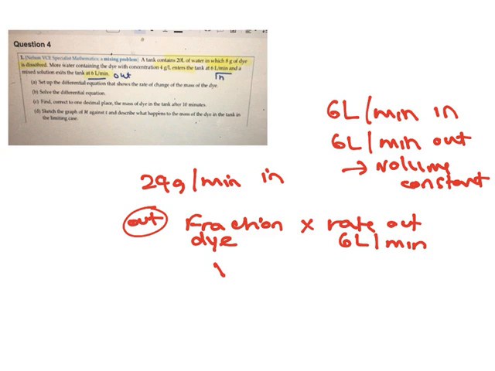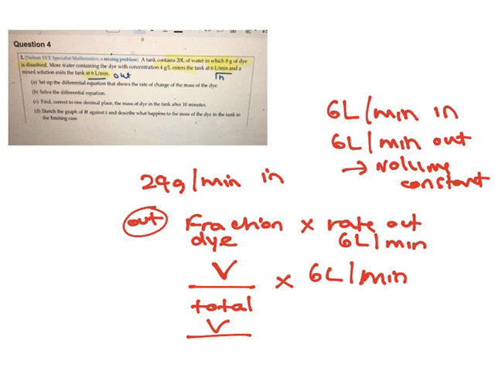So the fraction of dye would be, if we let V be the total volume in there at any time, times the 6 litres per minute. We'll put V, the total in there at any time, because it's not changing, because it's 6 minus 6, which is 0, you've got 20 litres times the 6 litres.